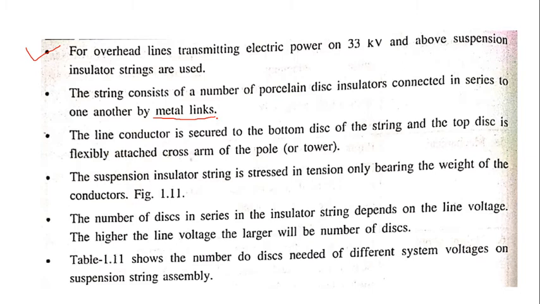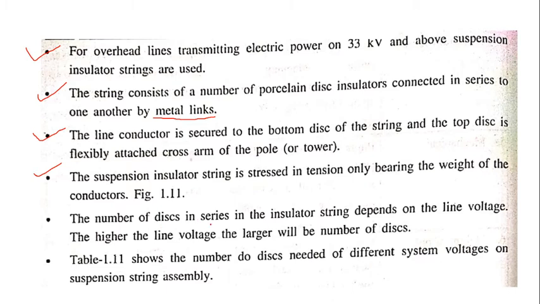The line conductor is secured to the bottom disc of the string, and the top disc is flexibly attached to the cross arm of the pole or tower, that we already saw in the figure. The suspension insulator string is stressed in tension only, bearing the weight of the conductors.